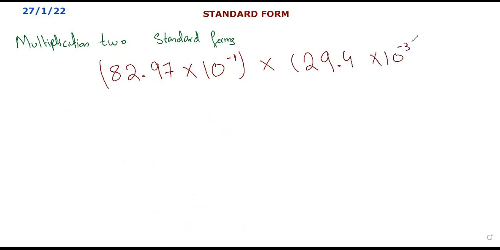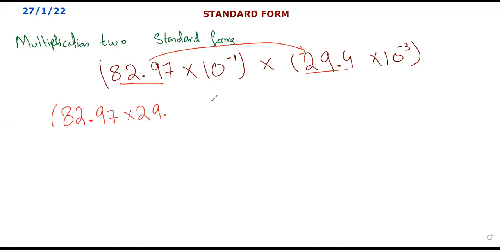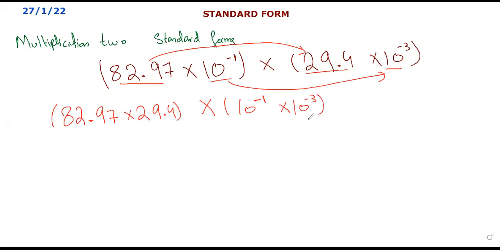Now again, we have to multiply these two numbers first, so we get 82.97 multiplied by 29.4, and we need to multiply these two separately: 10 to the power minus 1 into 10 to the power minus 3.